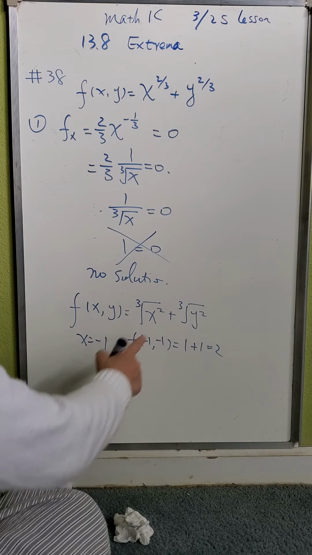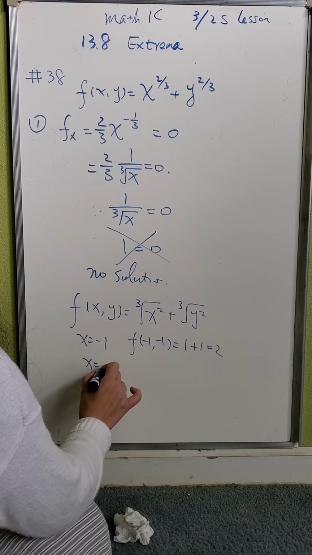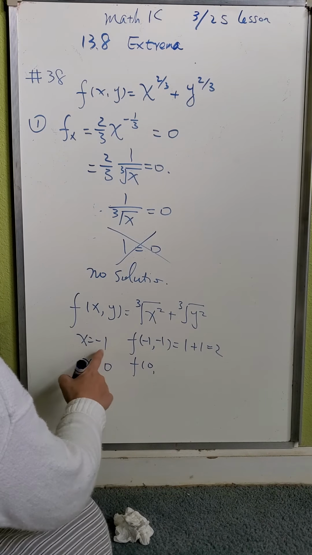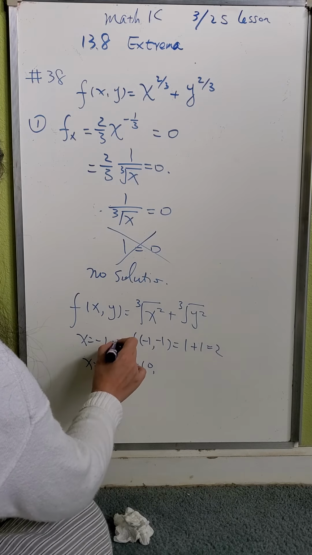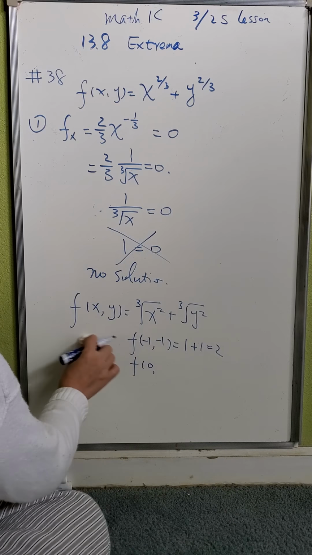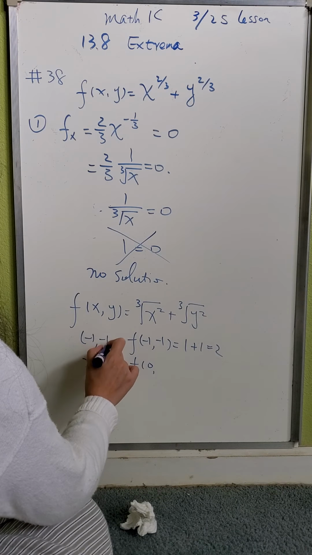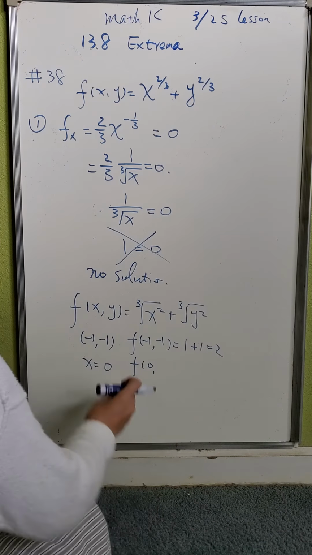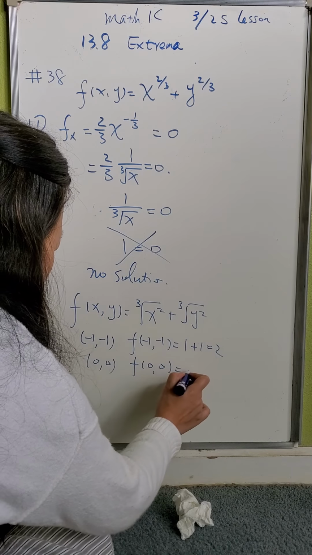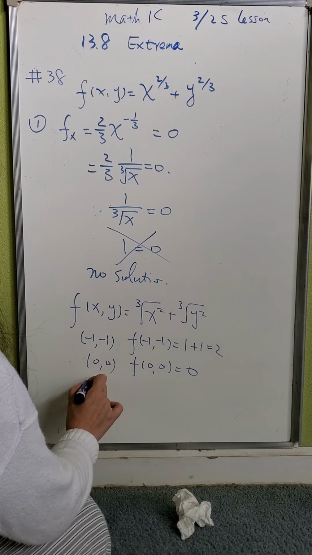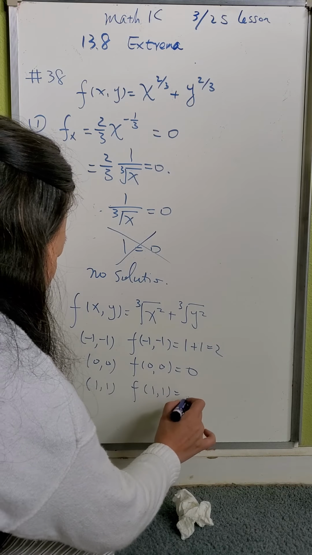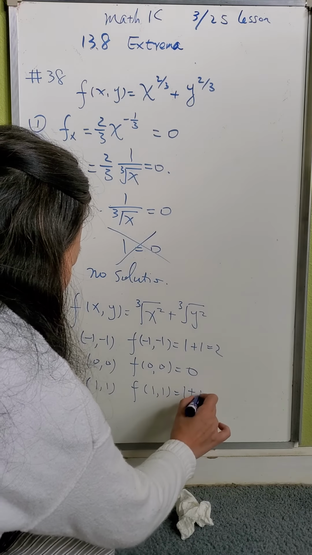Is that right? And then if I go x equal to -1, y equal to -1, sorry, I will get 2. If I go to (0,0), I will get 0. If I go for (1,1), I would get f(1,1) equal to 1 plus 1, which is 2.